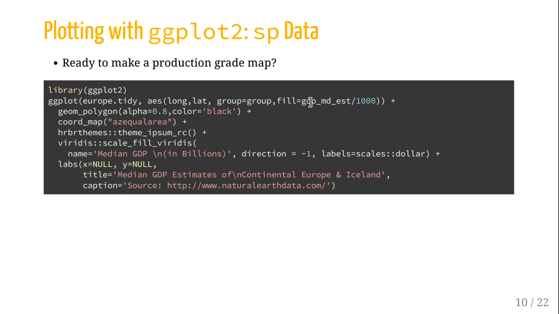Here I'm just using the median estimated GDP for that country, and it's not per capita, it's the entire GDP, so just be aware of that. I pass in geom_polygon, set some alpha level, and then use a different coordinate system, coord_map. This AZ equal area coordinate system is suitable for the European region, so that's why I'm choosing that.